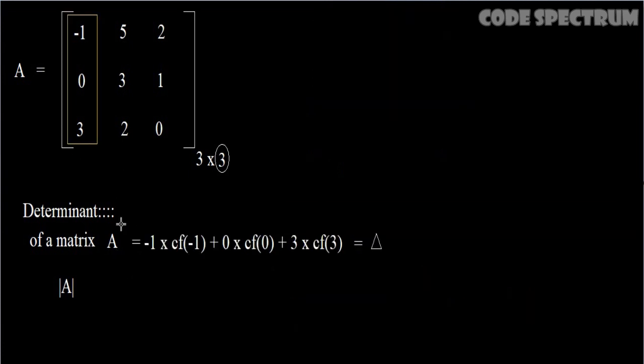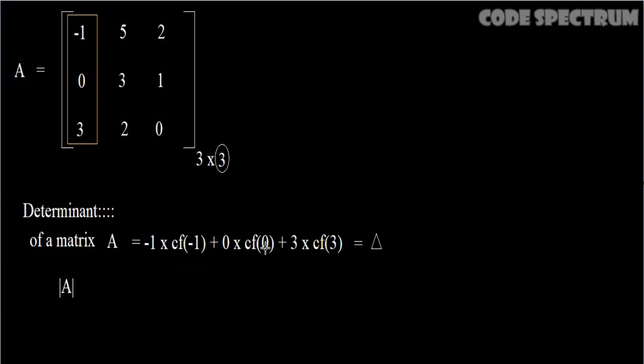To find the determinant of the matrix A, I have taken the first column here, and for each element I've taken the cofactor and multiplied it with that element. For example, in this case, we have taken -1 into the cofactor of -1, plus 0 into the cofactor of 0, plus 3 into the cofactor of 3.